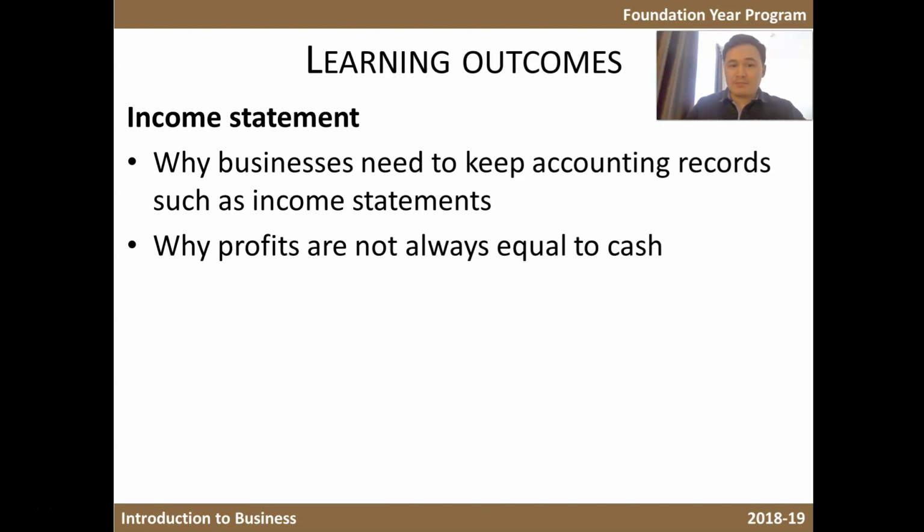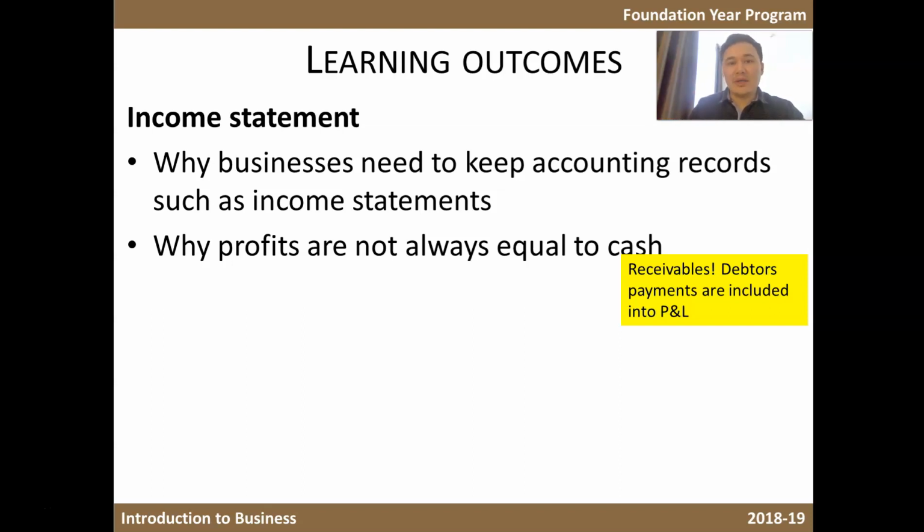Now, we also know that profits may not always be the same as cash, from the previous lecture. Do you know why? Because as you do remember, sometimes you may sell your product or service on credit, meaning that the cash will not be transacted instantly this month, but maybe it will be sent next month or so.